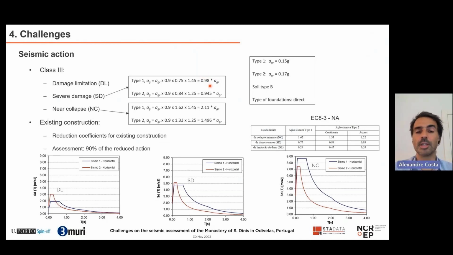So this is somehow discussable. On the other hand, if you look at near collapse and do the same calculations, we are increasing the seismic action more than twice. So while here we may not be very conservative, here probably we are going too far and we are being too severe for the building.